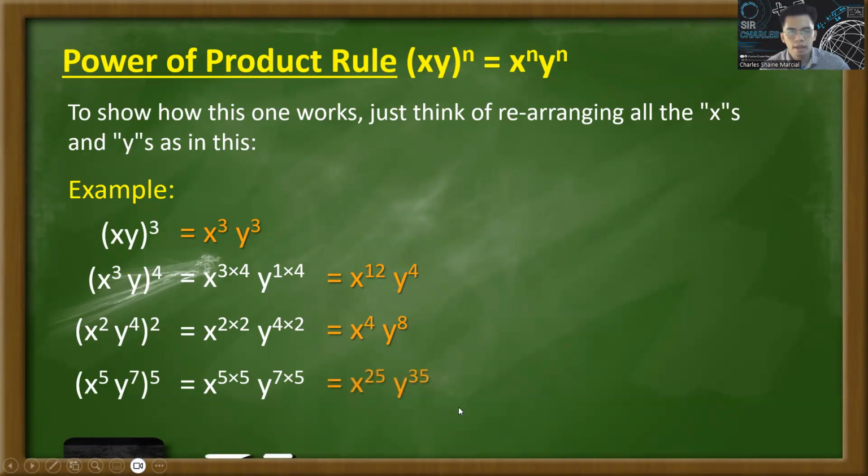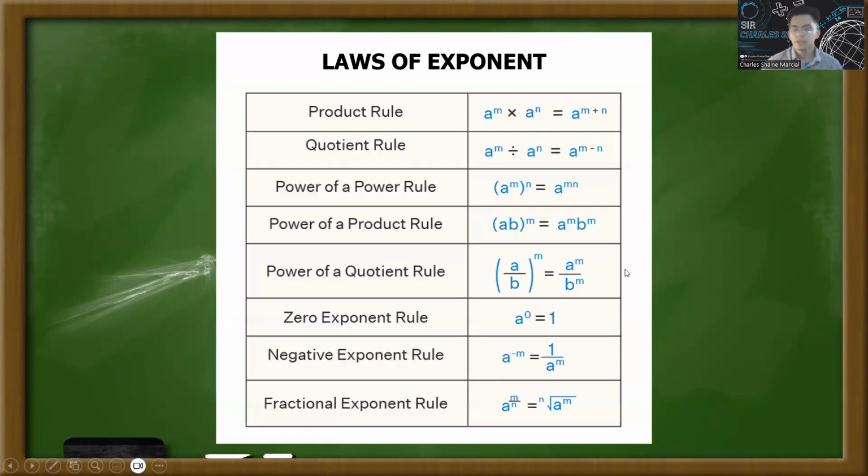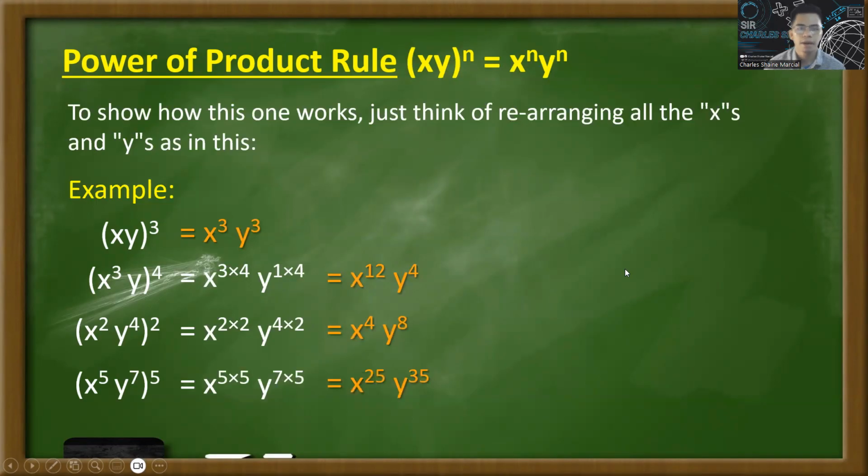The answer is x to the power of 25, y to the power of 35. Okay, so that is the power of product rule. We will just distribute or multiply the exponent outside the parentheses in all the exponents inside the parentheses, or kung ano yung exponent ng base.